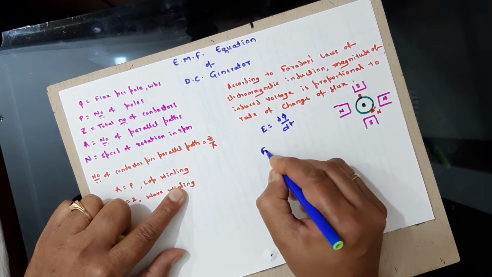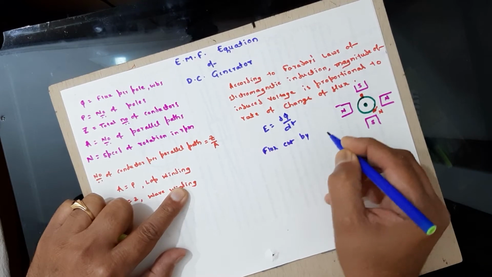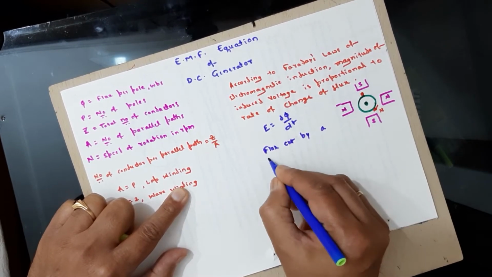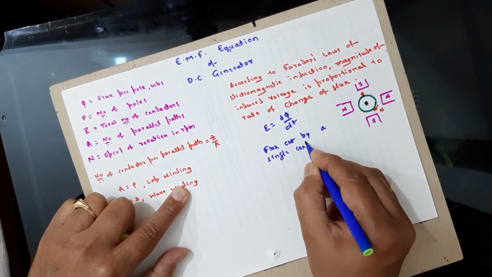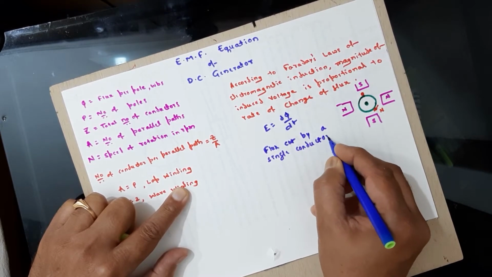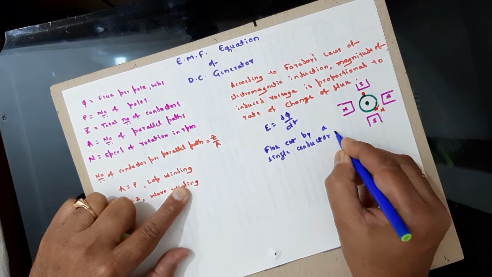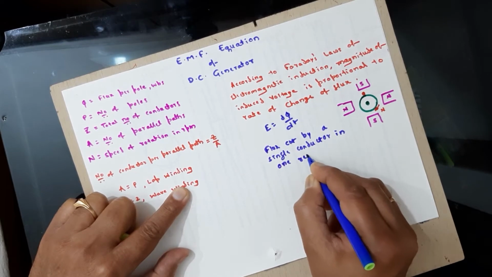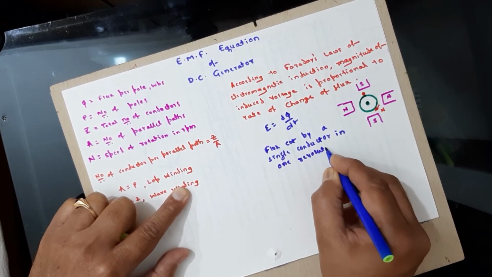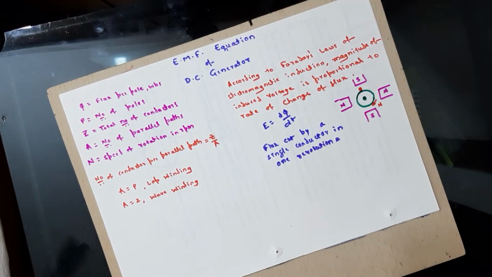Therefore, the flux cut by a single conductor in one revolution is equal to, what is the flux cut?